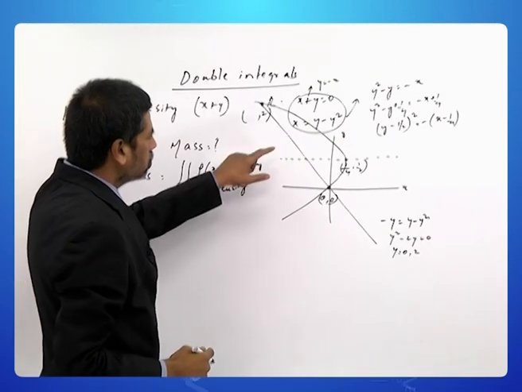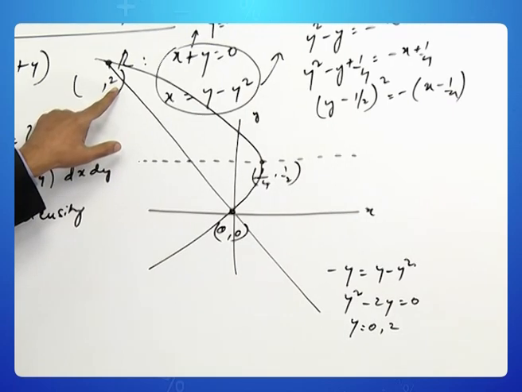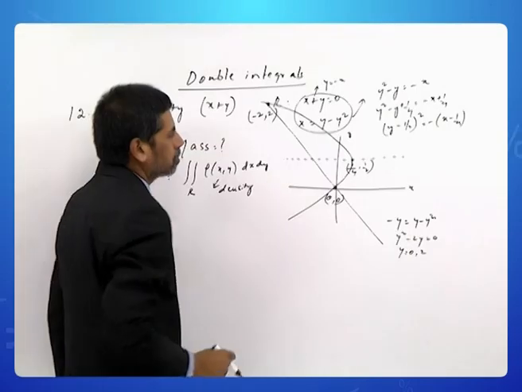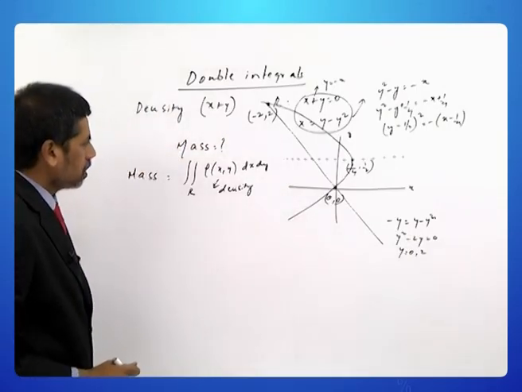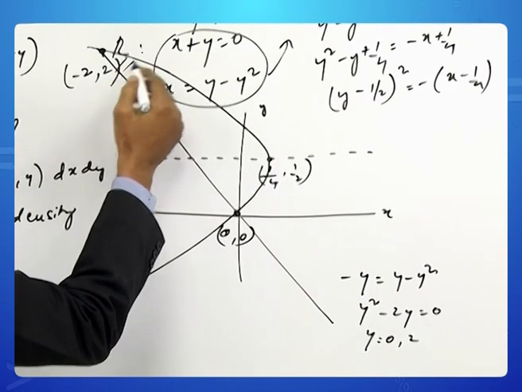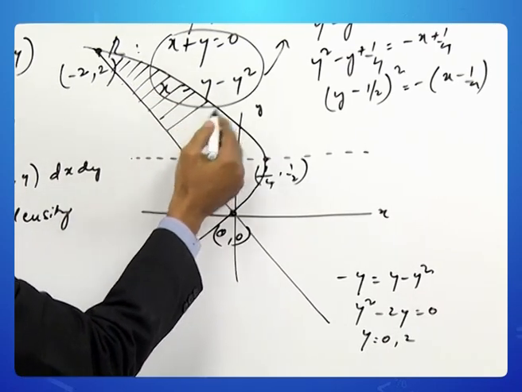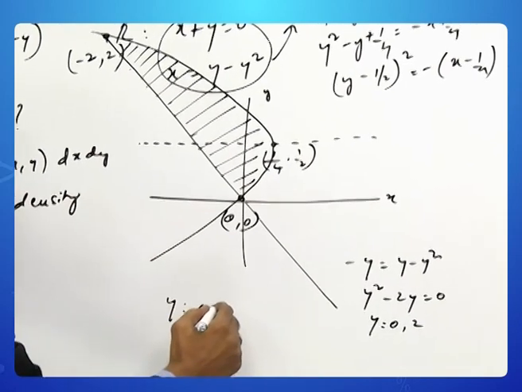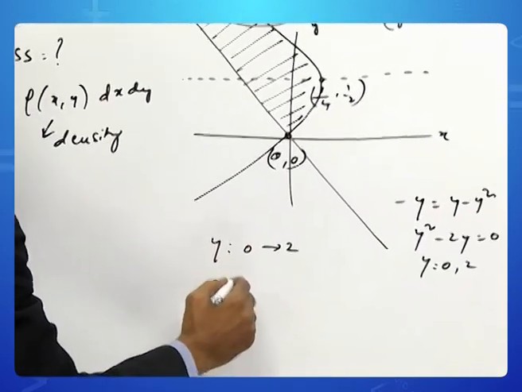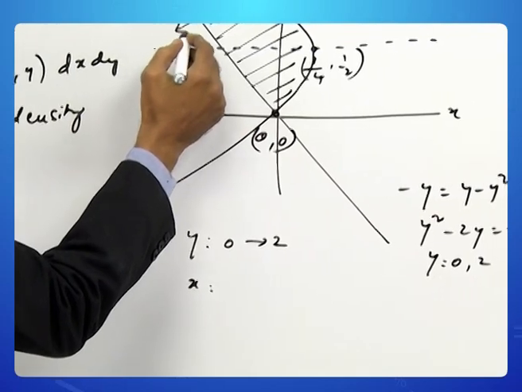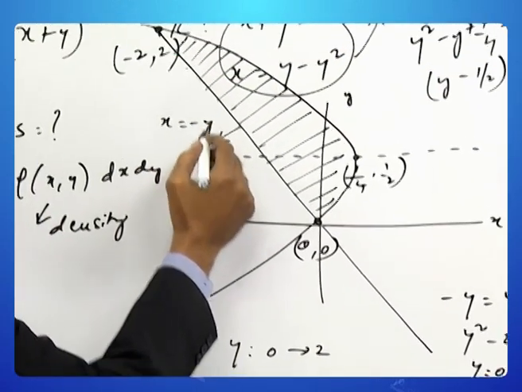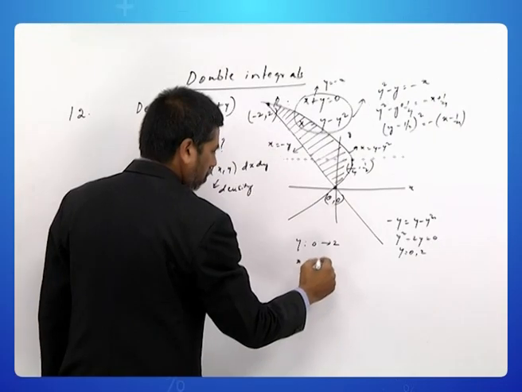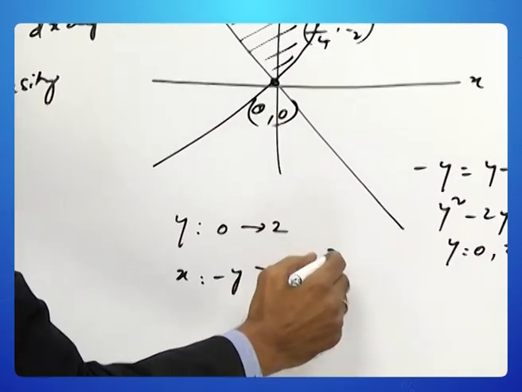So corresponding to that y, x will be minus 2, right? So now this region of integration is spread over y is equal to 0 to 2, x from, this is the lower limit of integration, x is equal to minus y, and this is x is equal to y minus y squared, minus y to y minus y squared.